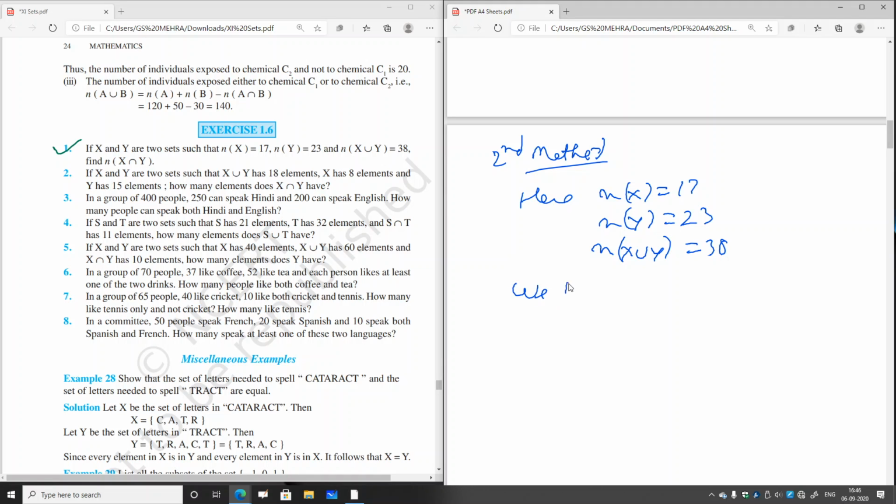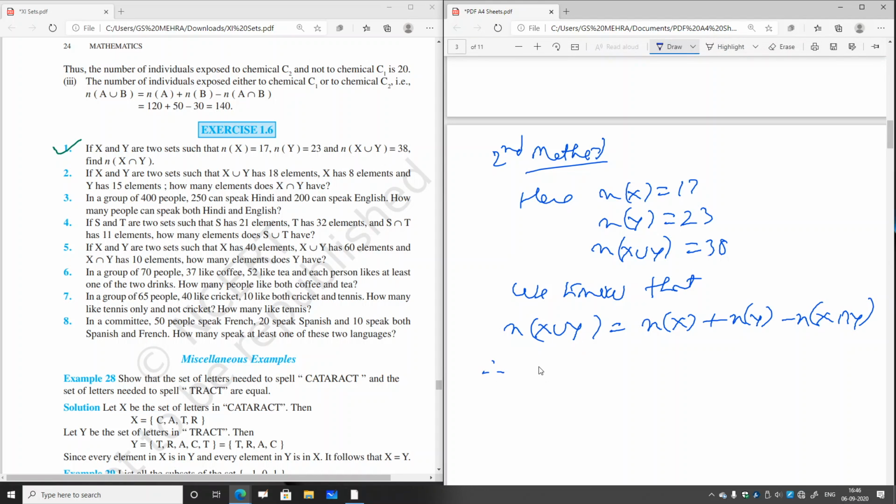We know that n of X union Y, what is the formula for that? That will be n of X plus n of Y minus n of X intersection Y.